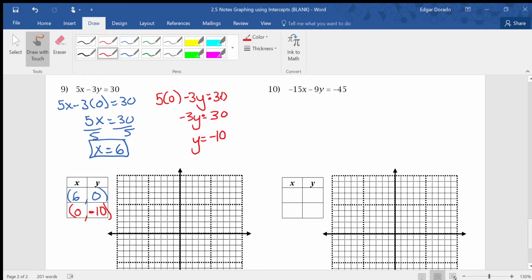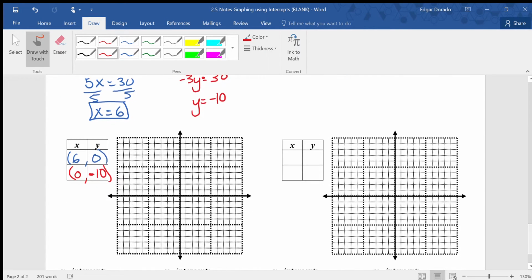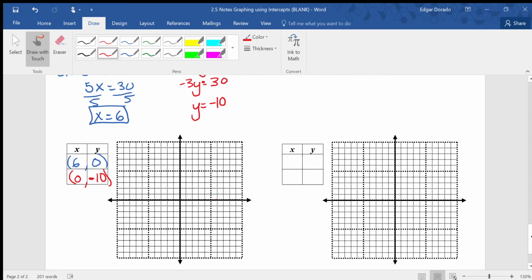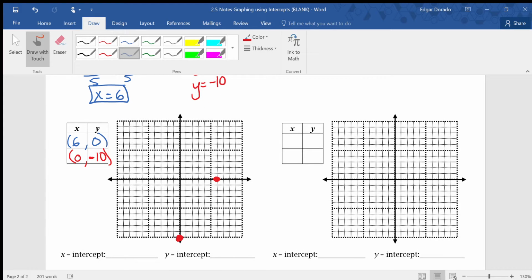Go ahead and graph both of those. So (6, 0) is all the way over here because I go 6 to the right, but none up and down. And then negative 10 down here. So let's go ahead and see how well we can draw this line.